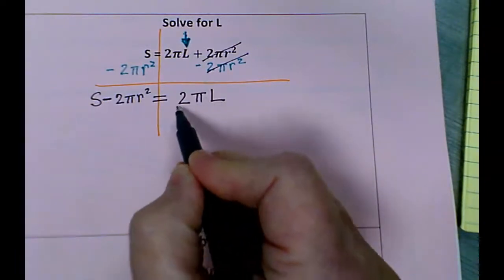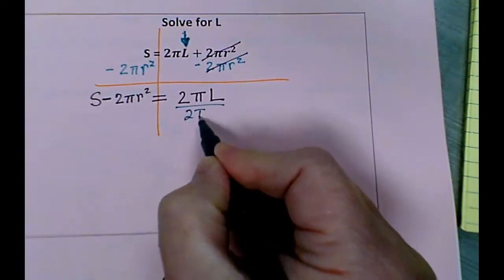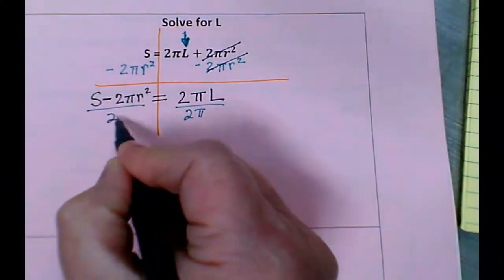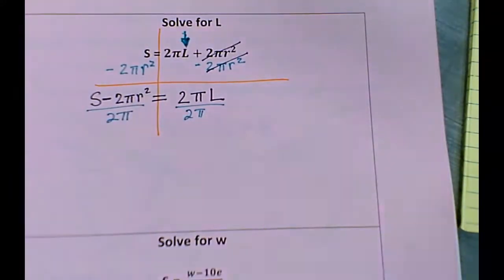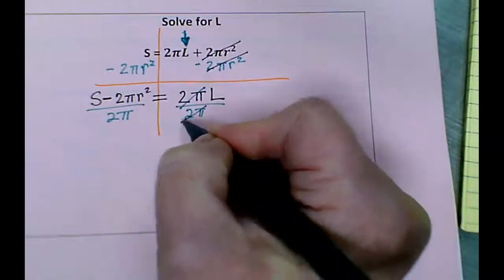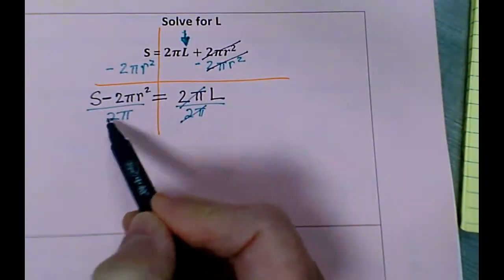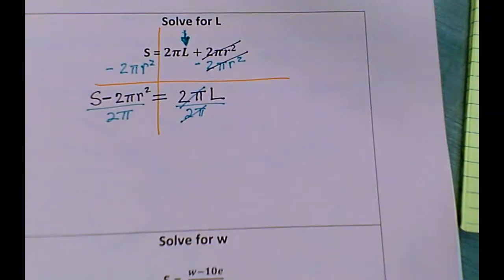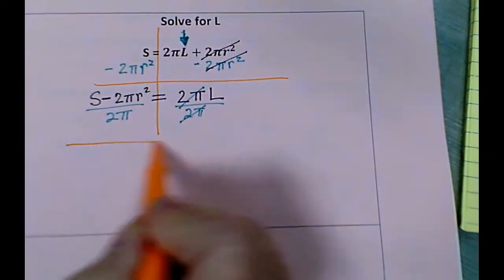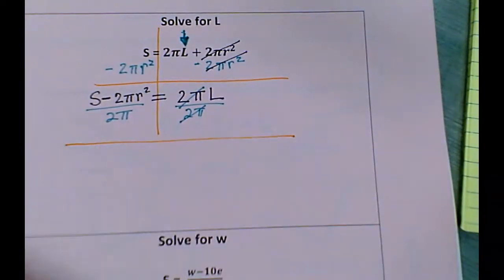This is multiplied by L. The opposite of multiplication is division. Cancel, cancel. Now, a lot of people want to cancel this 2 pi r on that side, but that cannot cancel because of order of operation. We will go into that in a little bit more detail in lessons that are coming up.